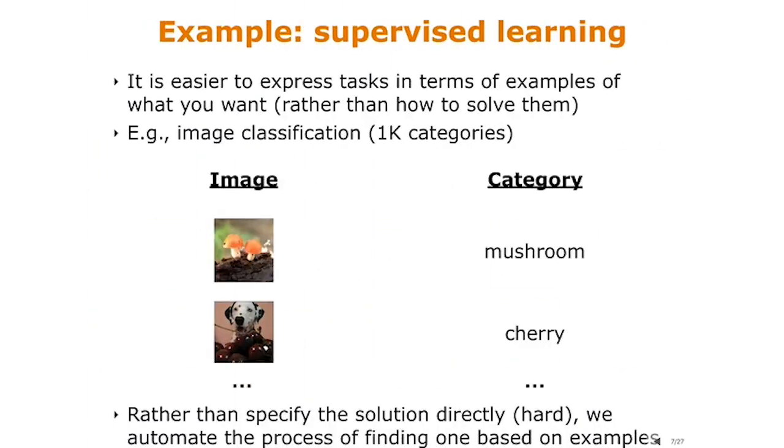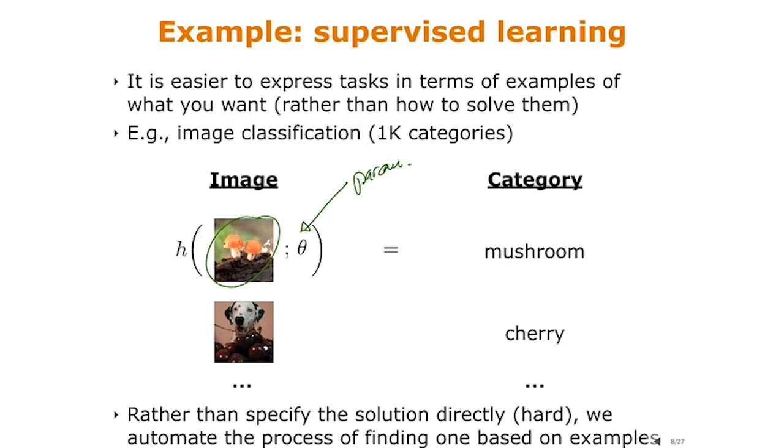The power of machine learning really is now in terms of automating the process of finding the solution to a task that's illustrated by examples. Okay? So what we do is we hypothesize a set of possible mappings, a large set that takes an image and produce a category as an answer. What that mapping is specified by parameters.